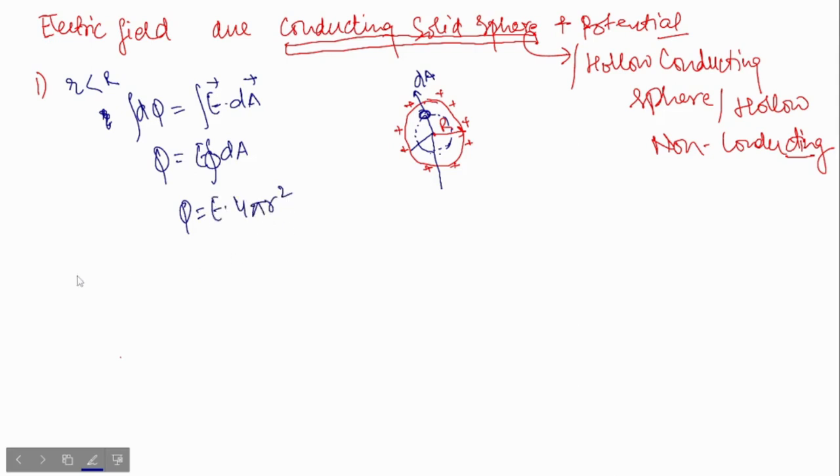This is equation 1. And by Gauss law, this flux is Q enclosed upon epsilon naught.